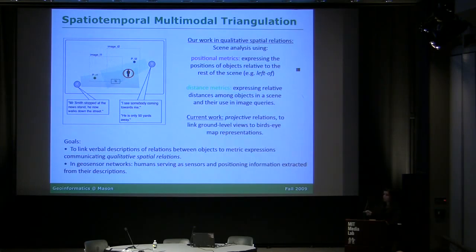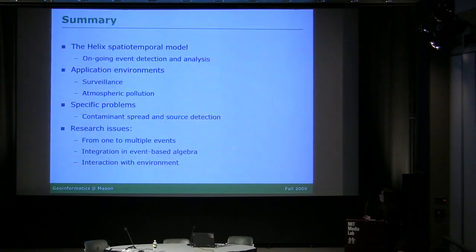Our goal here, and this is the interesting part I want to close my presentation with, is to really create a different kind of sensing in which humans, with their discussions, with their text, with their behavior, become sensors, and positioning information, which is of interest to us as people dealing with geographic information, can be derived from their descriptions.